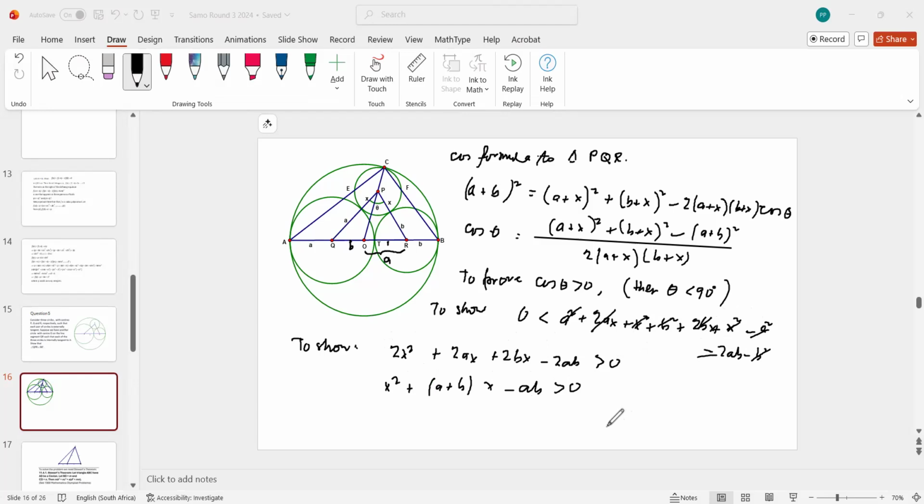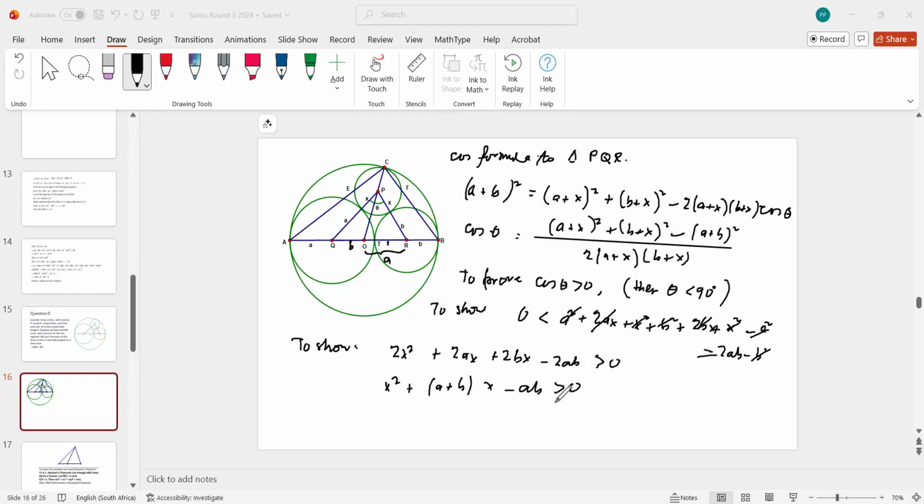All right. Now, to do that, I need to calculate x. The problem is that I got a negative sign here. See, the numerator is positive, denominator is positive, so I need to show that the numerator is positive. This is what I need to show. But there's a minus sign here, and I got no idea as to whether this whole thing is positive, and I don't even know what this x is. So I need to calculate the x and try to see whether I can show that this is positive.